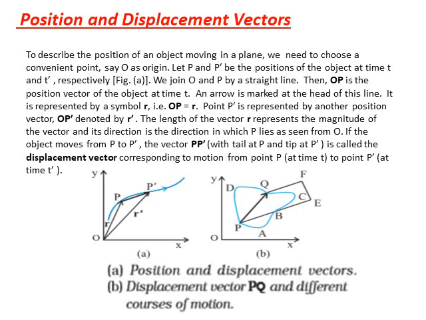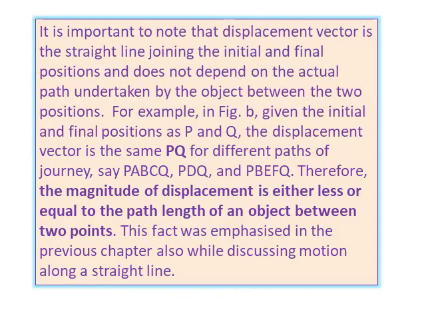Now, see the figure B. In this, the displacement vector is from P to Q, for different parts of the journey, say PABCQ, PDQ and PBEFQ.